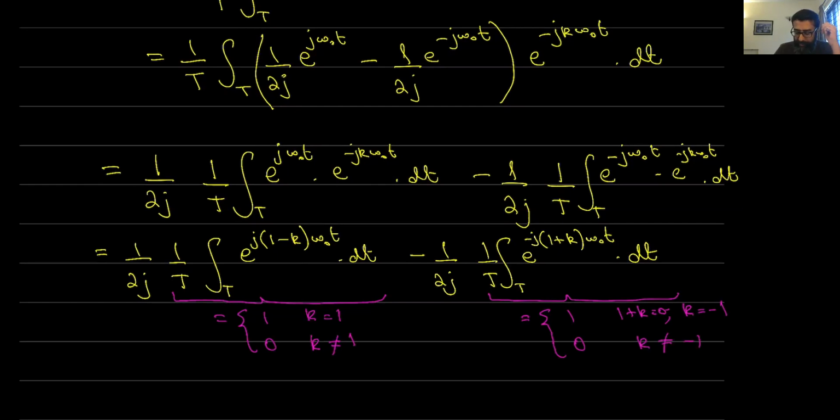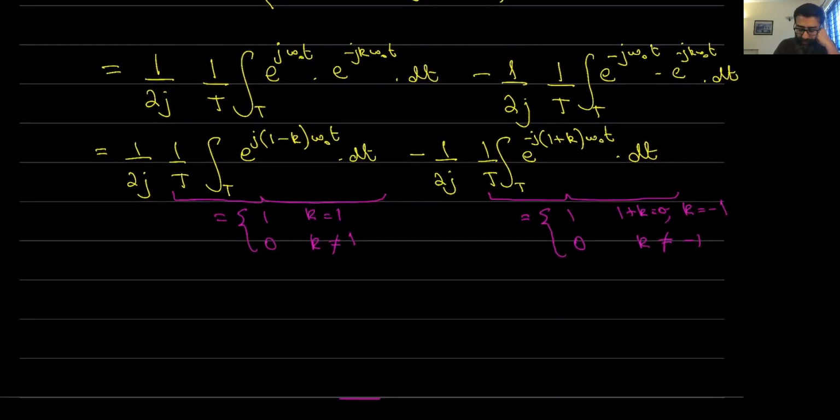So based on these results, what I can conclude is that ak is going to be equal to 1 upon 2j whenever k is equal to plus 1. So whenever k equals plus 1, I know for a fact that this integral is going to turn out to be equal to 1, and this integral is going to be equal to 0, right?